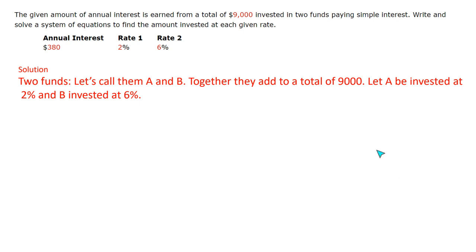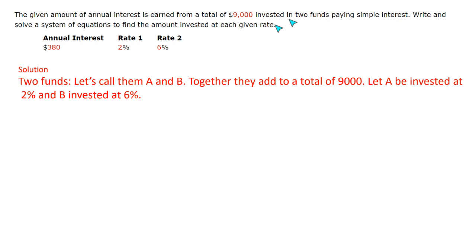Okay, so now let's do a word problem. So the given amount of an annual interest is earned from a total of $9,000 invested in 2 funds that pay simple interest. Write and solve a system of equations to find the amount invested at each given rate. Okay, so when we're doing these problems, it's a good idea to try to break it down.